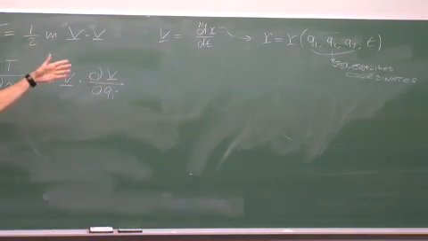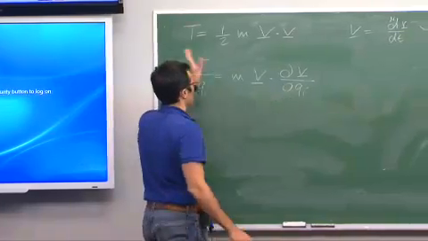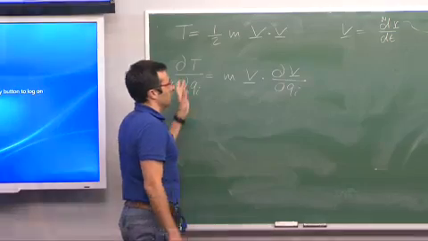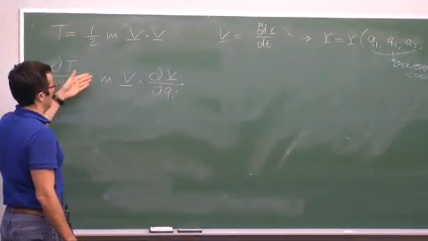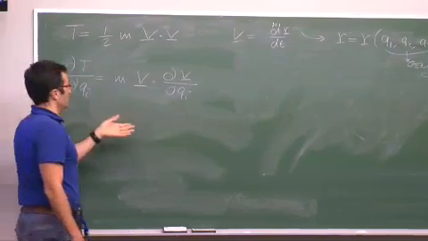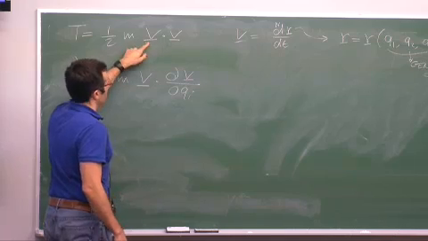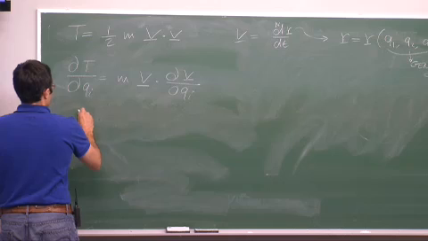So if r is a function of those coordinates, v will be a function of those, and I don't know what it is, because I'm doing it in general. We'll specialize it for every single problem, but this is always valid, right? And is this clear, what I'm doing here? It's the partial of this times this plus this dotted with this, and you can swap them, so the 2 goes away.